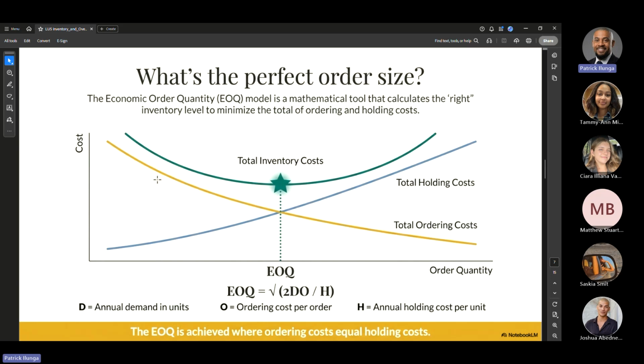Do you see here? Oh, I love graphs. Look at this graph. You can see here the order quantity, we are looking at the quantity, and here the cost. Now, in yellow here, you see the ordering.